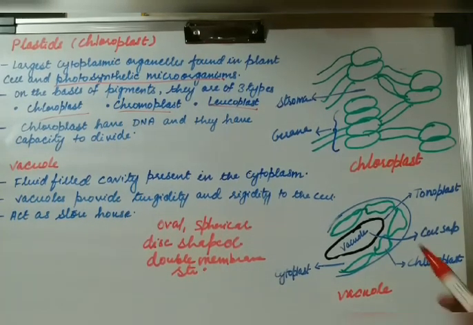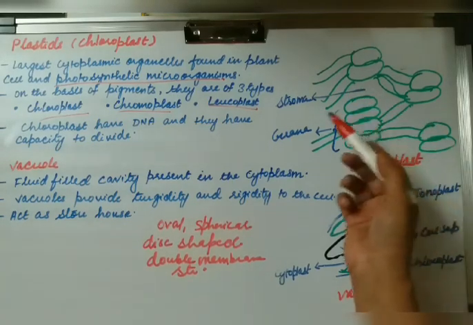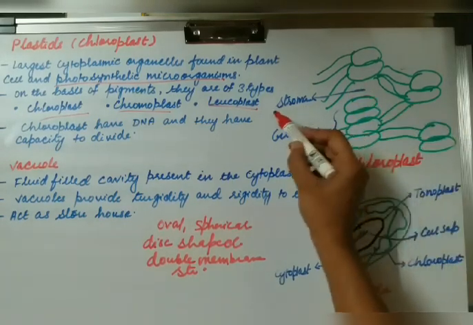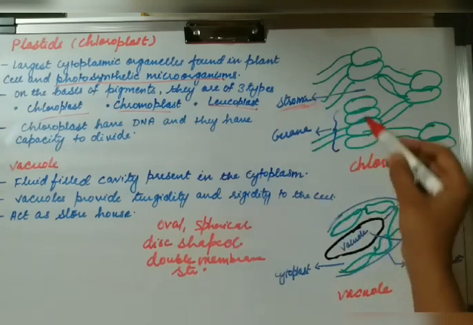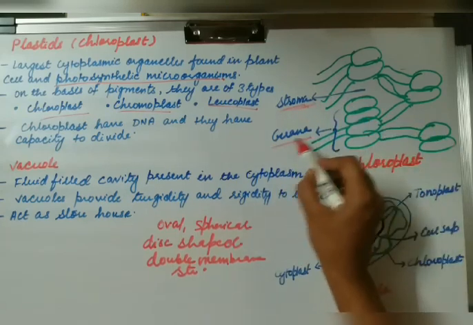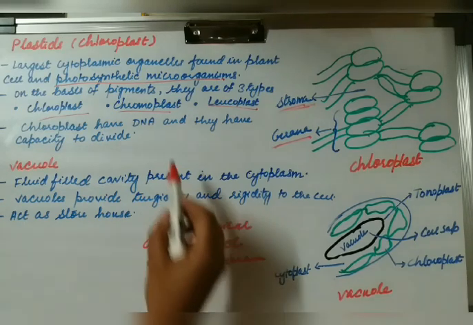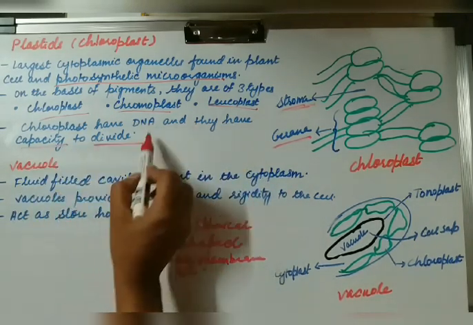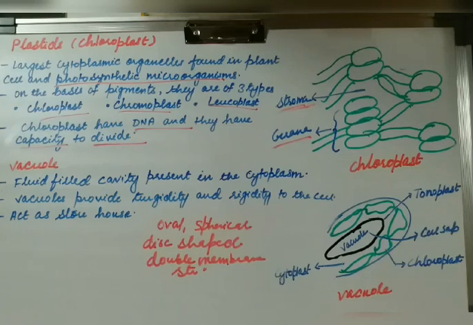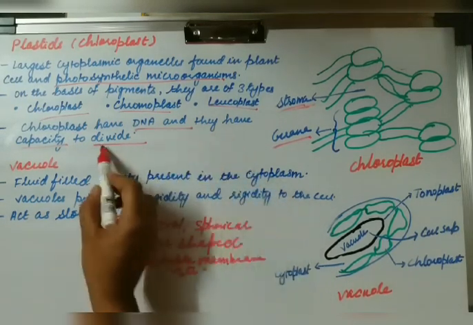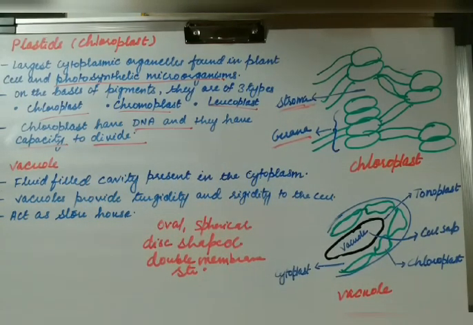The background matrix is known as the stroma, and this portion is the grana. These plastids have DNA and have the capacity to divide. This is about the plastid, or basically the chloroplast.